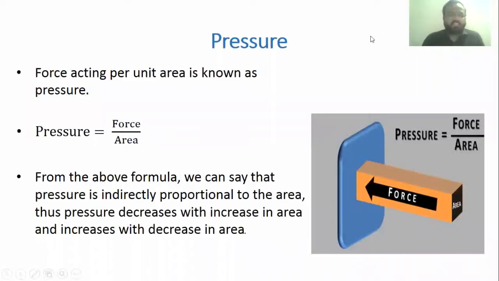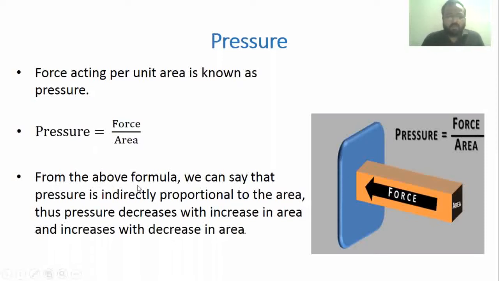So let's discuss the definition of pressure. Force acting per unit area is known as pressure. The formula for pressure is force divided by area, that is force upon area. If we divide the force by the total area on which the force is acting, then we'll get the value of pressure.